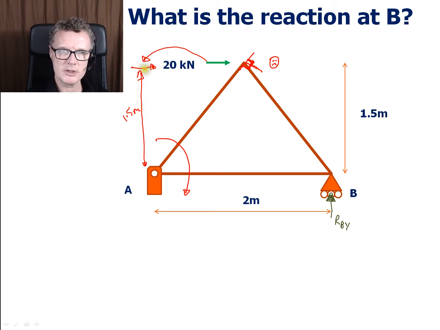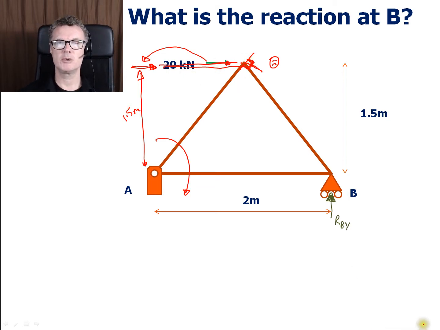Now if you imagine that you're applying this force here and there's a big invisible pole pushing at that point, you can see that there's no difference to me pushing at that point with my force here, or having my force back here and this big invisible pole attached to the framework pushing. So both of them are going to give me the same turning moment effect. But the second one is a lot easier to measure.